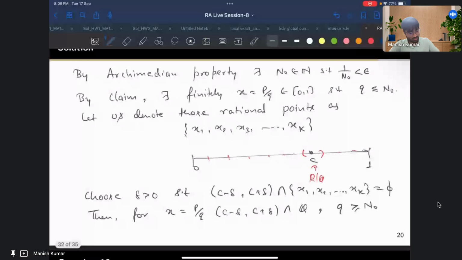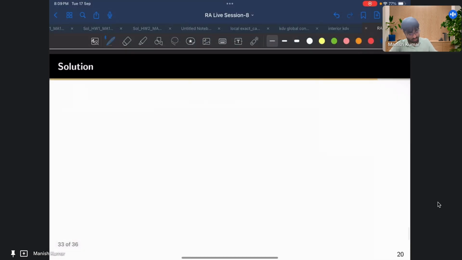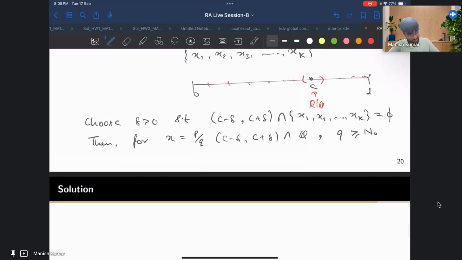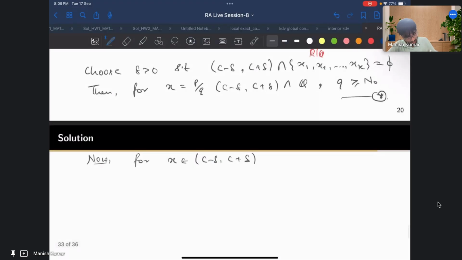So now let's come to what I was initially writing. Let's say this is star. For x belonging to (c minus delta, c plus delta), look at |f(x) minus f(c)|, which is equal to |f(x) minus 0|.